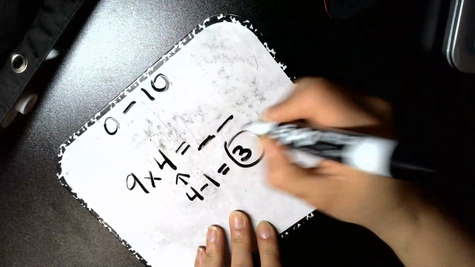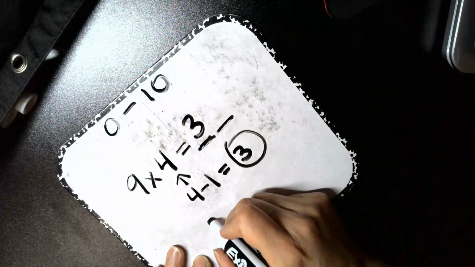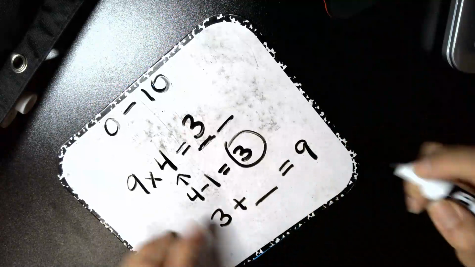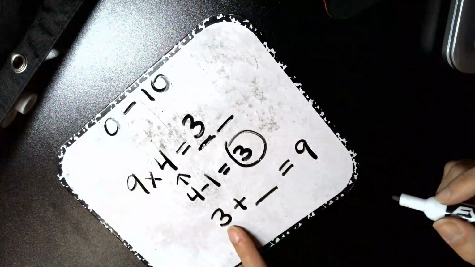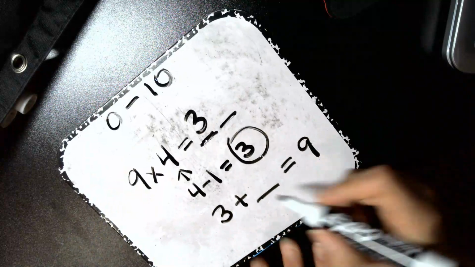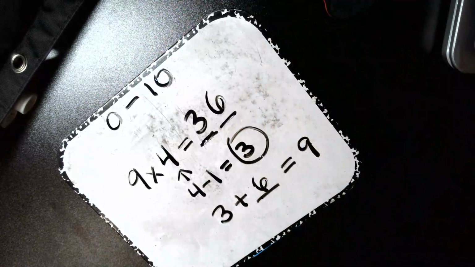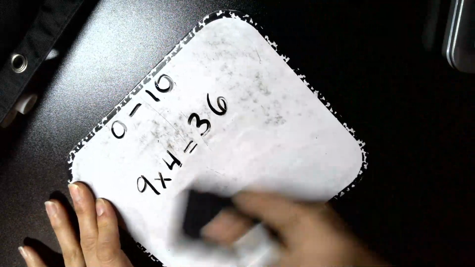So we have found our first number. Okay, now we have the 3, so we do 3 plus what number equals 9? Because both of these digits have to equal 9, and we have our first digit. Now we need to find 3 plus what equals 9? We know that that is 6. So it's 36.